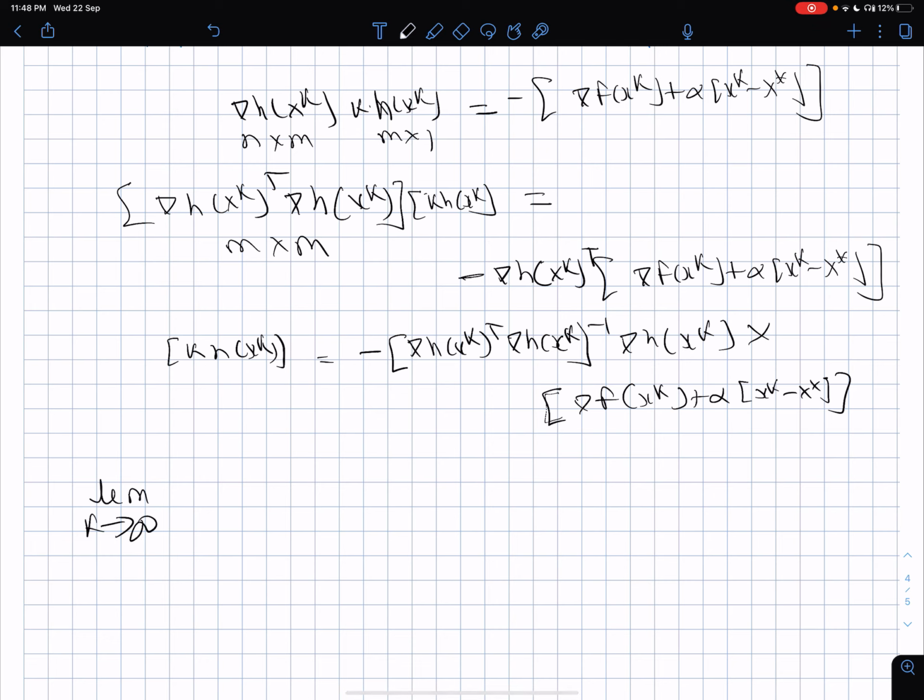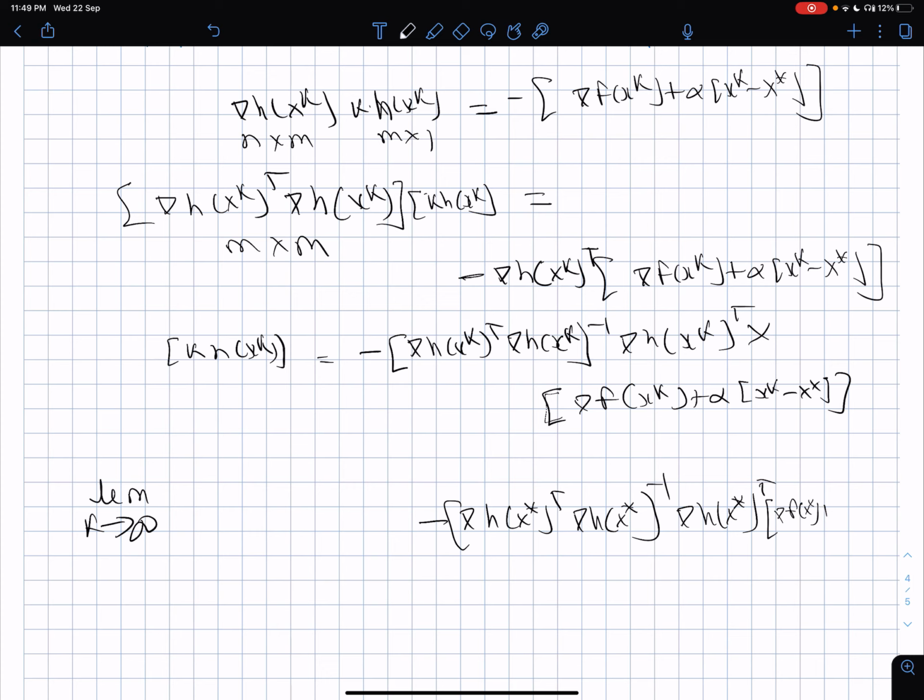Now look at this in the limit k tending to infinity. In the limit k tending to infinity, this right hand term will go to gradient of h of x star transpose, gradient of h of x star, whole inverse, into gradient of h of x star transpose, gradient of f of x star, plus alpha of x k minus x star, which will become 0.